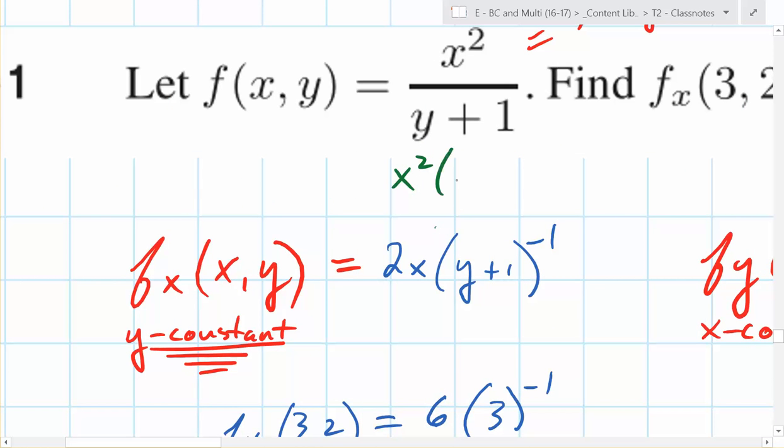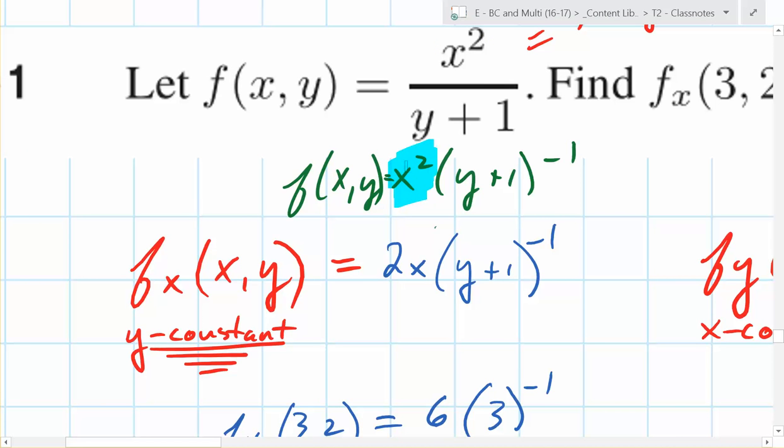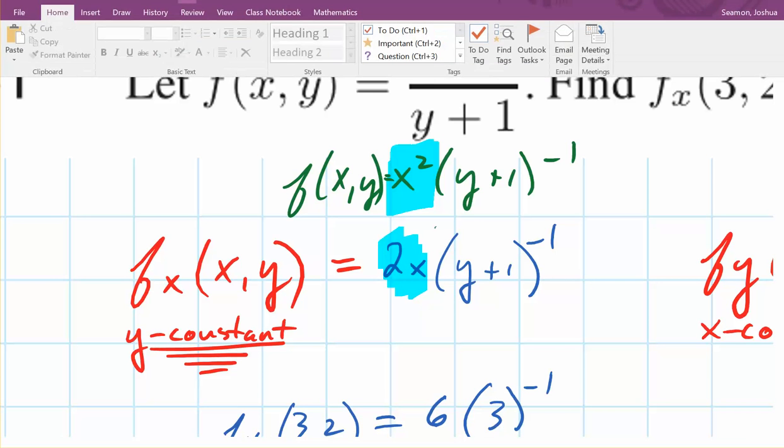So if x is changing, excuse me, it is x squared times (y plus 1) to the negative 1 first, right? Do you agree with that? So if I were to just move x, meaning y stays the same, this is the only thing you're taking the derivative of, right? What's the derivative of x squared? 2x. But y is constant, so does it just go along for the ride? Yes.